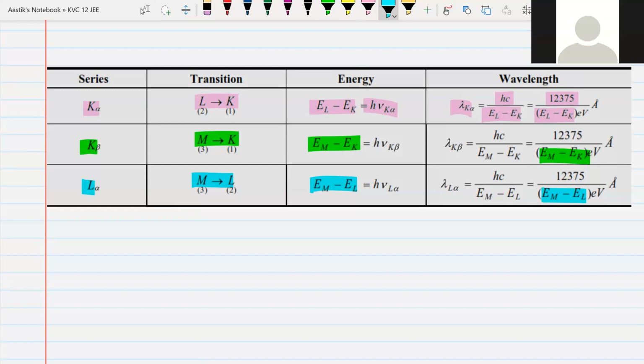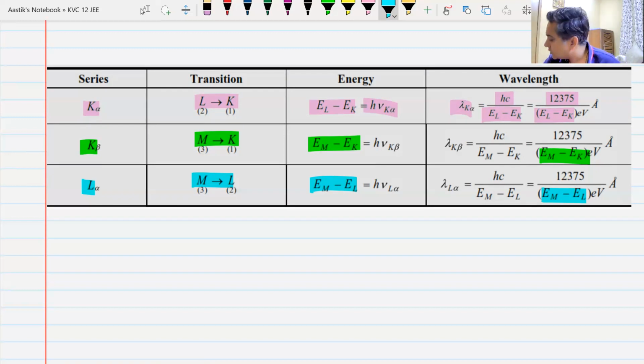Sir, explain the energy once again. What energy? Energy of the series. It is the energy difference between the L shell and the K shell. It must be covered in chemistry, yes or no? No, sir. Just write it as the energy level of L and the energy level of K. It will be given to you.